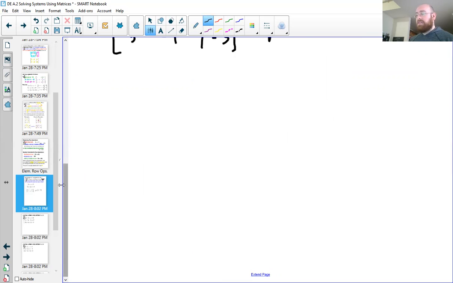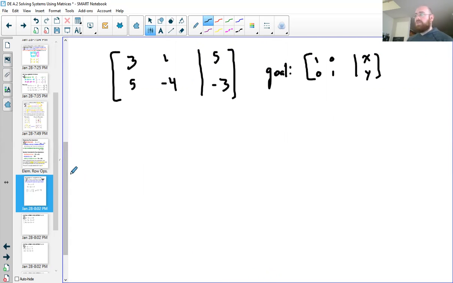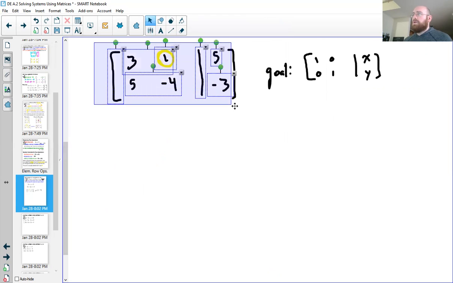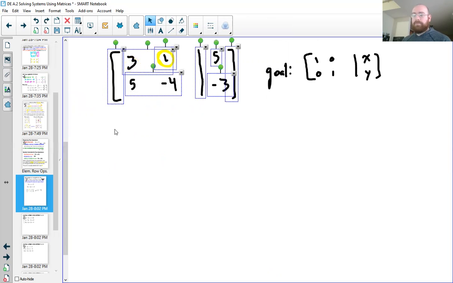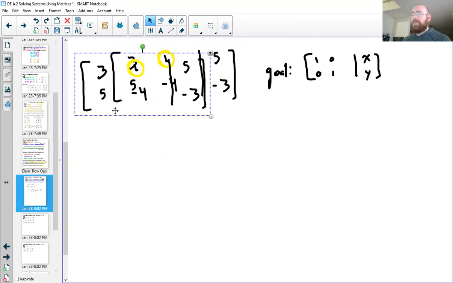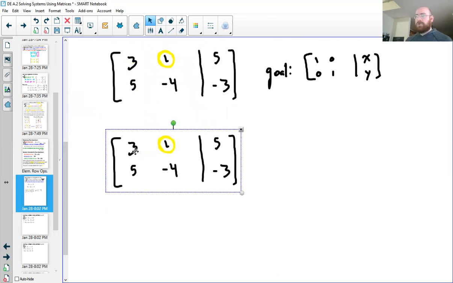So to begin, we want to think about those 3 options that we have. And so looking at this, I see there is a 1 here. Whenever there's a 1, it's really straightforward to eliminate a number and make that entry 0.